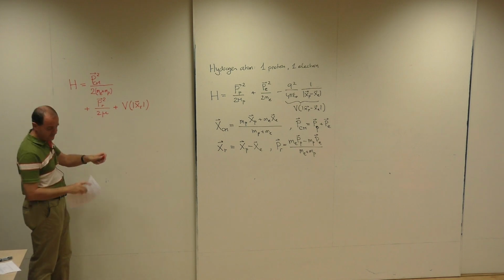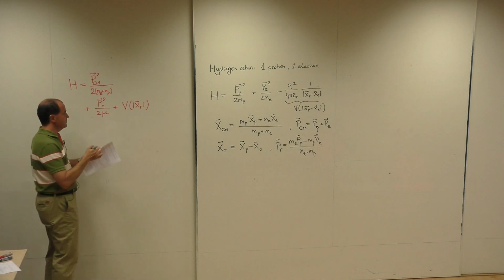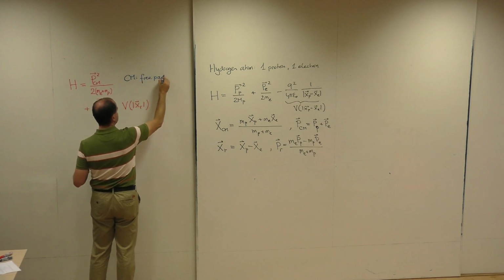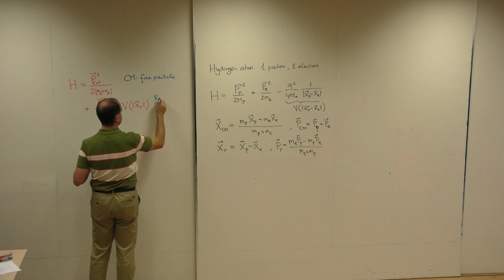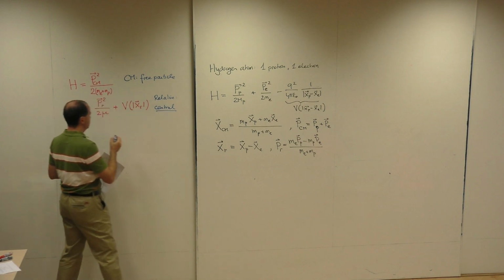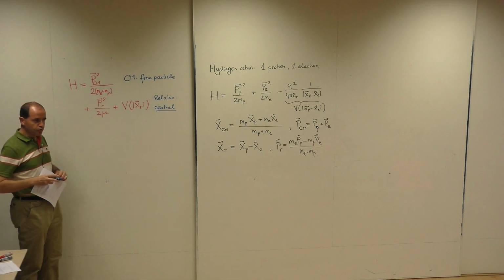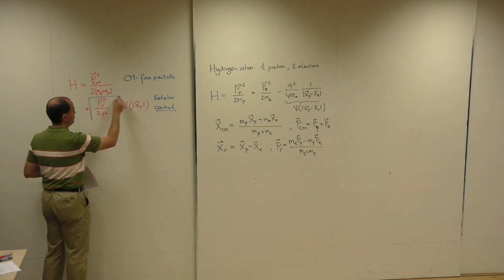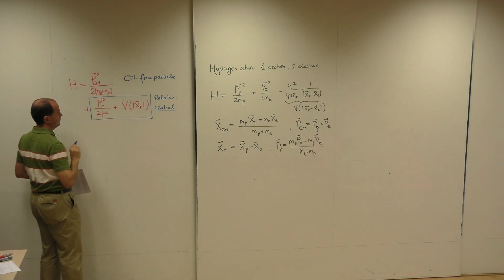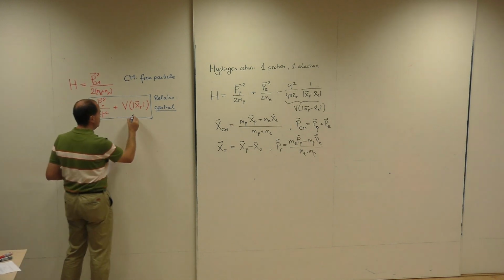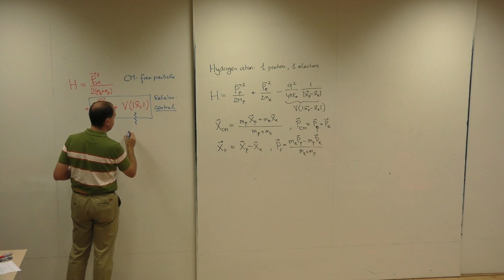So what do we have here? Exactly like in classical mechanics, the center of mass is a free particle, and the relative coordinate is in a central potential. And now what we are going to study is this Hamiltonian, for the hydrogen atom, the Coulomb Hamiltonian that is usually written like that.